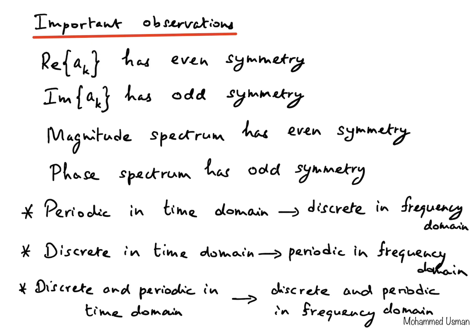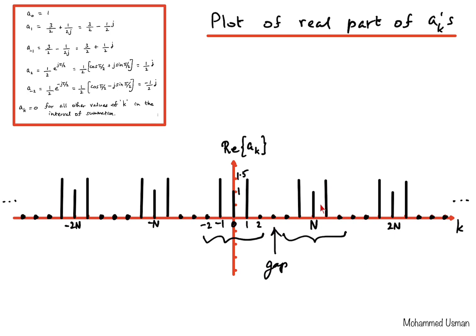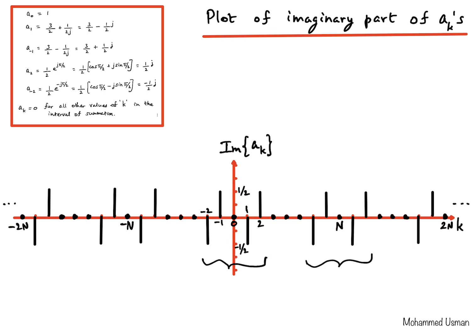Now, in this particular case, we are dealing with the Fourier series of discrete periodic signals. So the signal is discrete in the time domain, and we see periodicity in the frequency domain. That means all the Fourier coefficients that we see here are periodic. You see, it's repeating at n, 2n, at minus n, minus 2n, minus 3n, and plus 3n, and so on. So this structure is periodic now, right?